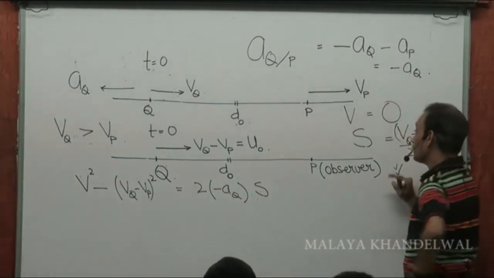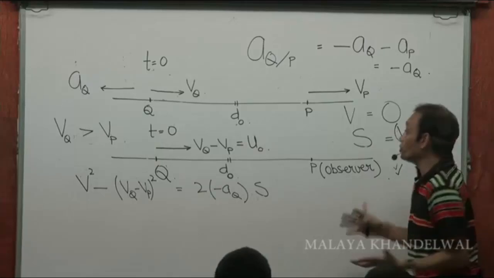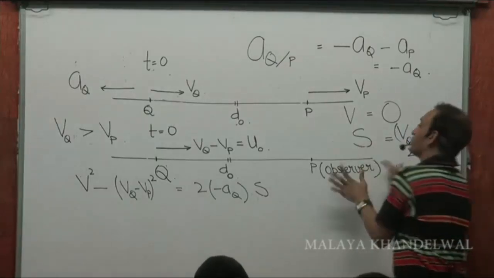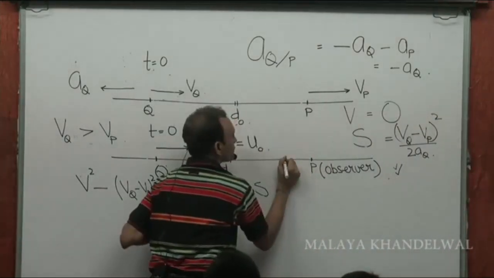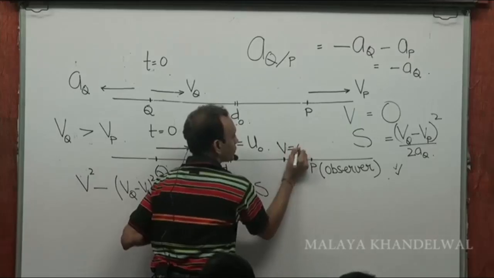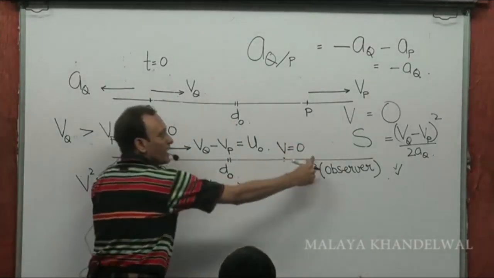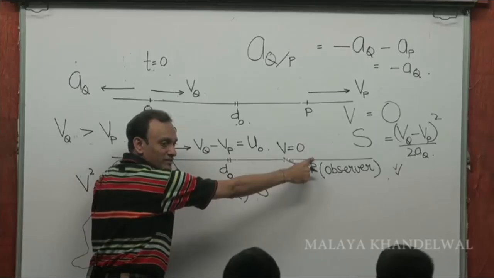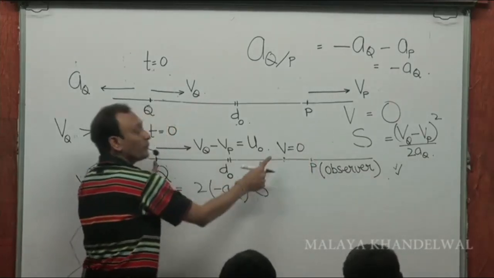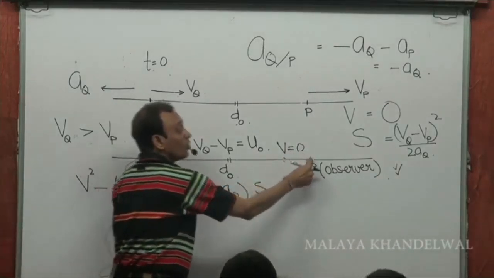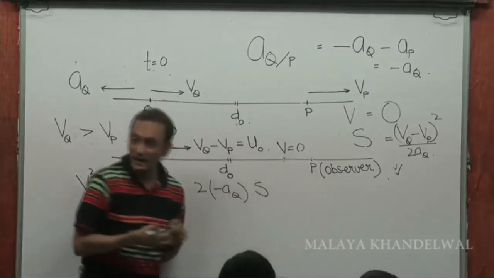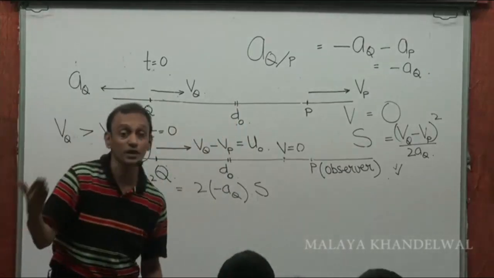Right? If there was a collision, then this displacement S, because see, if its velocity becomes 0 somewhere here, then its displacement S should have been less than d naught. But if velocity becomes 0 on surpassing P, that means there must have been a collision.